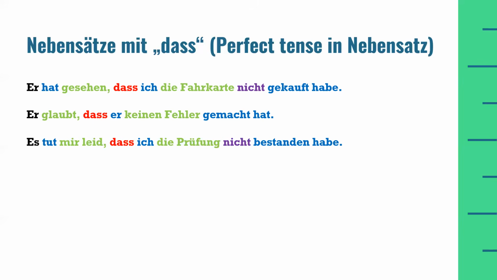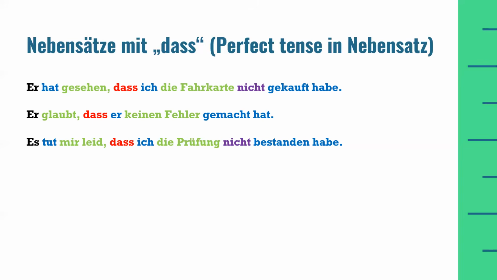Die Prüfung is the object of the sentence, and it is in accusative case. Then we are negating, therefore we have used nicht. And then comes bestanden. Bestanden is the participle two form of bestehen. And at the last position of the sentence, we have used the haben verb, and we have conjugated it according to the subject ich, so it becomes habe.